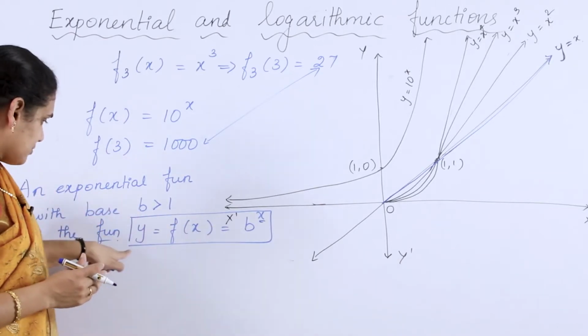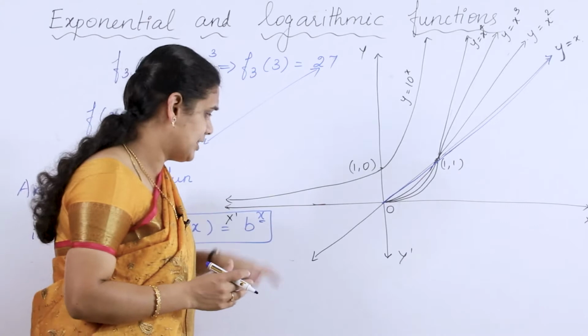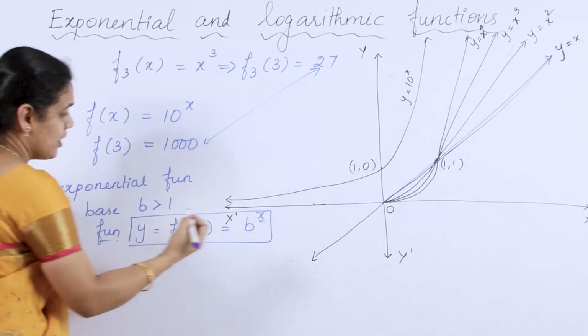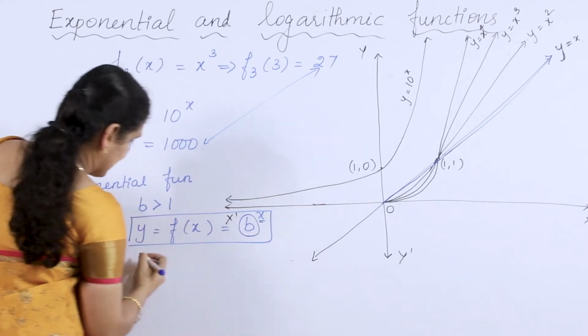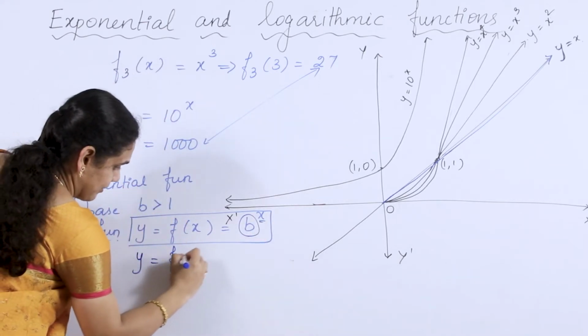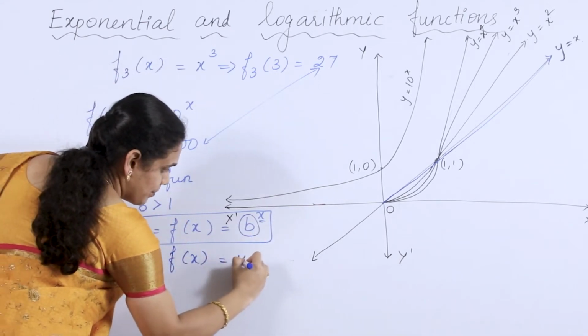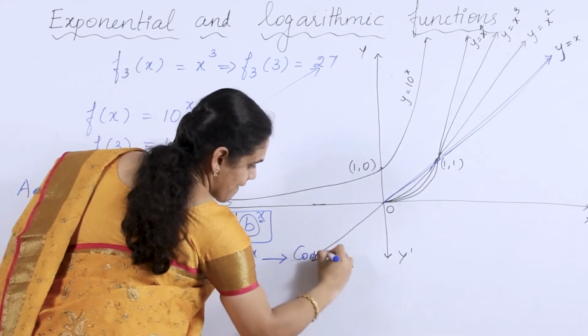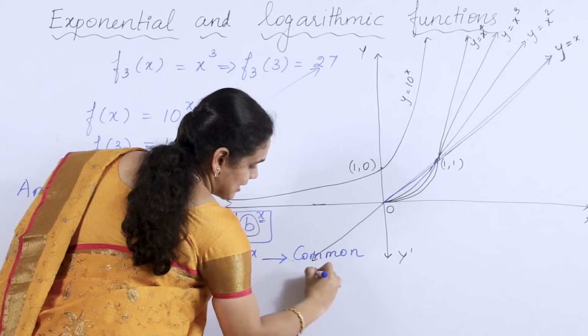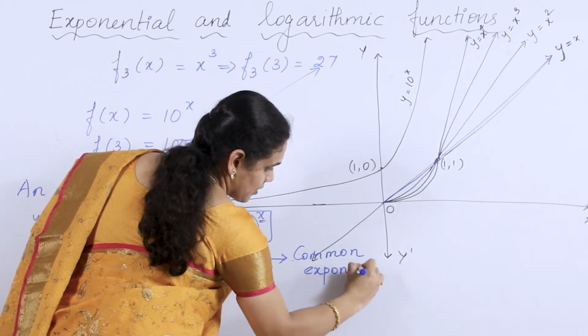All right. There are some properties with this, we will see them one by one. If I take the base as 10, that is 10 to the power x, this is called the common exponential function.